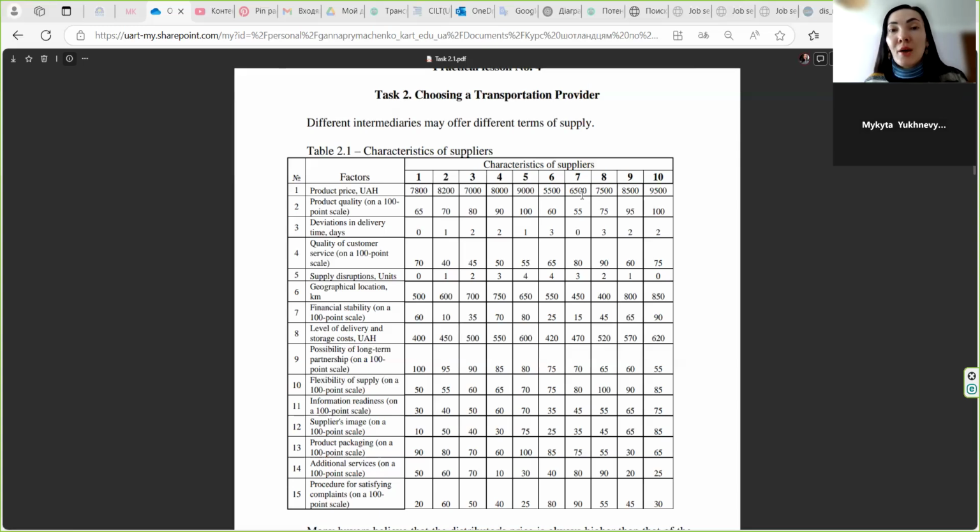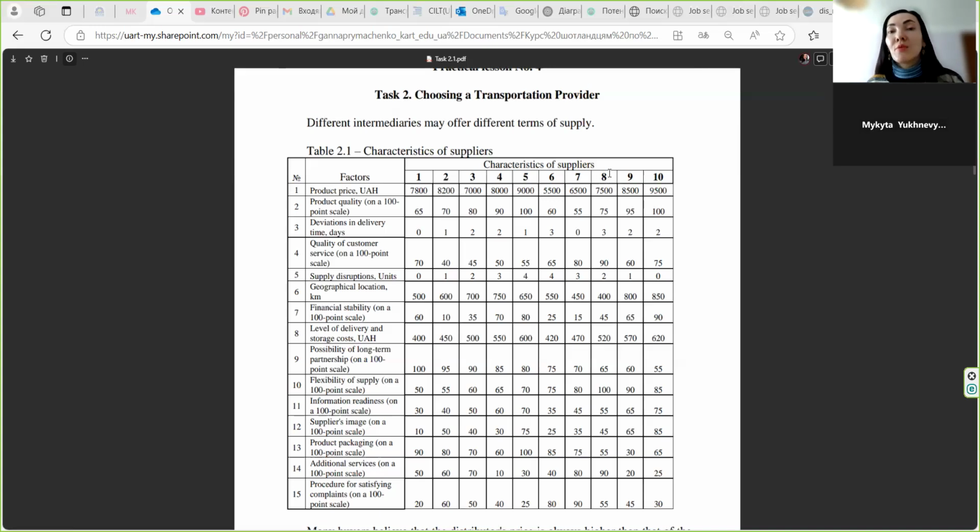Okay, find number 3. It may be number 3. Supplier number 3 has the third place in our rating. We put here 3. The next, okay, number 8, it is 7,500.